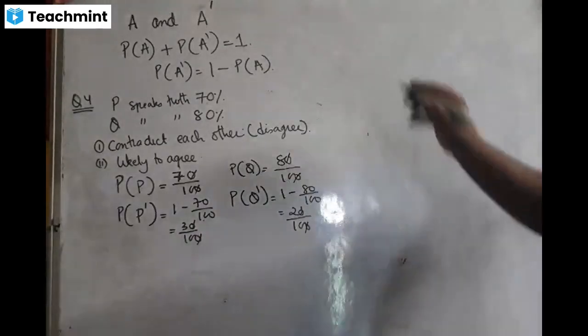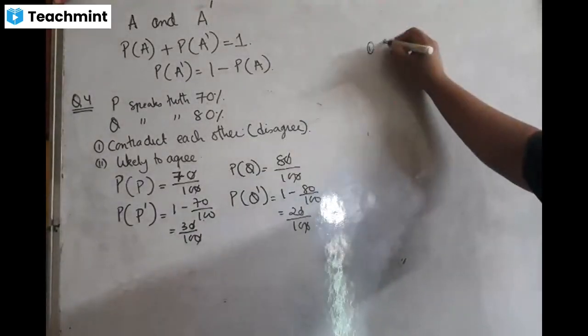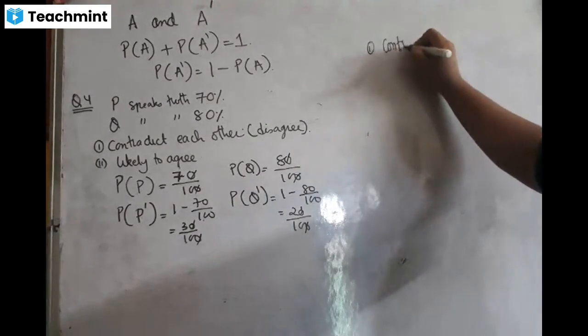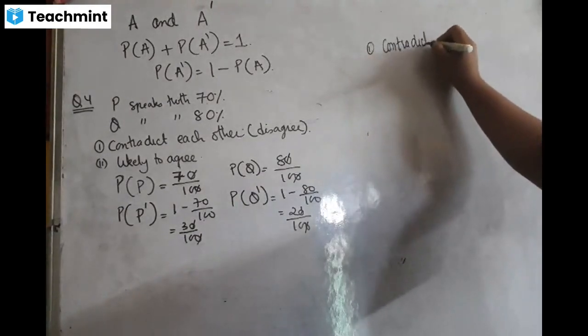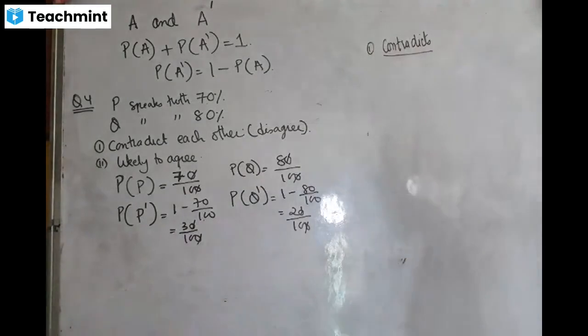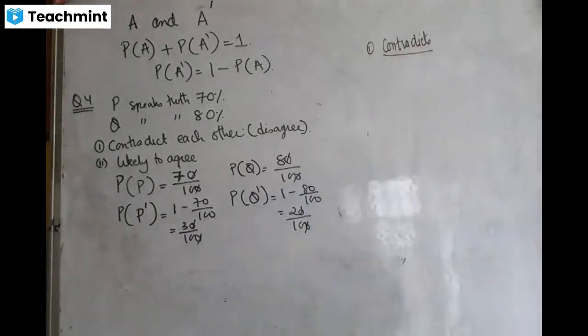Now comes the most important part. The first one, contradicts means disagree. Disagree means if one speaks truth, then the other has to lie. Disagree in stating the same fact. That means एउटाले साँचो बोल्छ, एउटाले त्यही कुरालाई झुटो बोल्छ. Disagree. Is that clear?